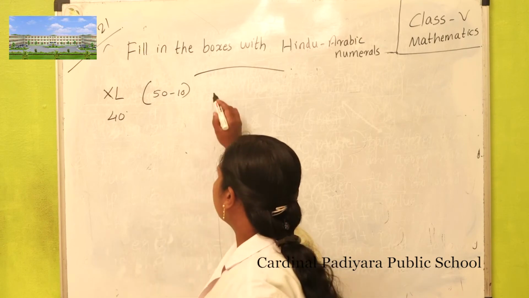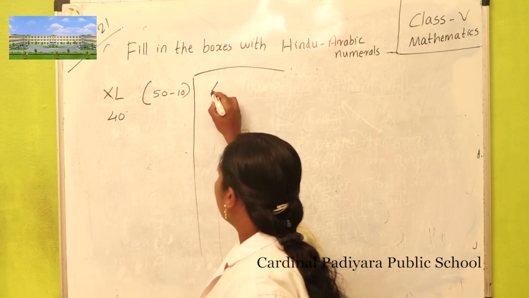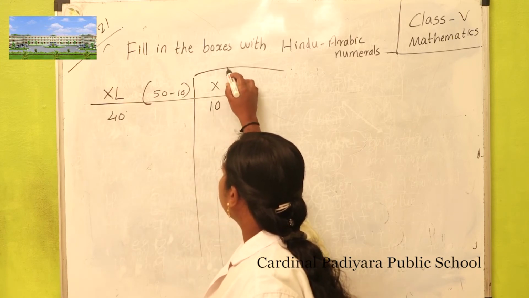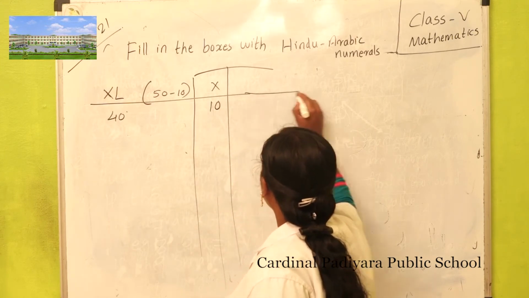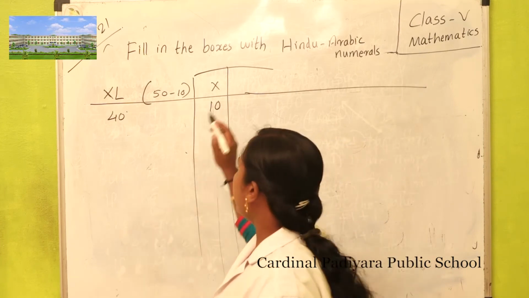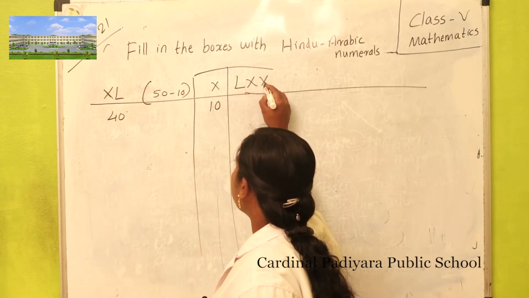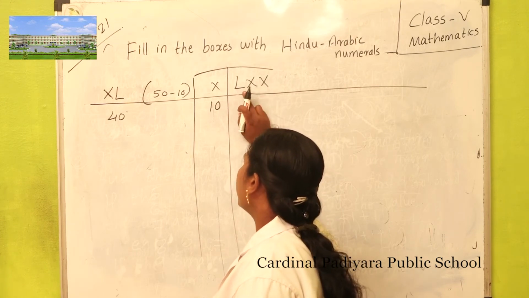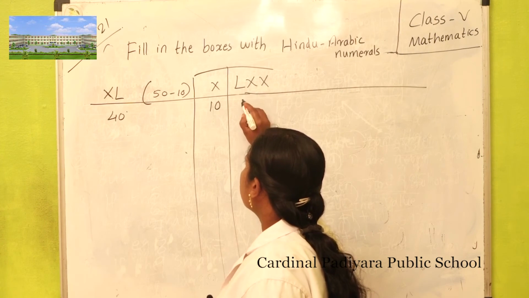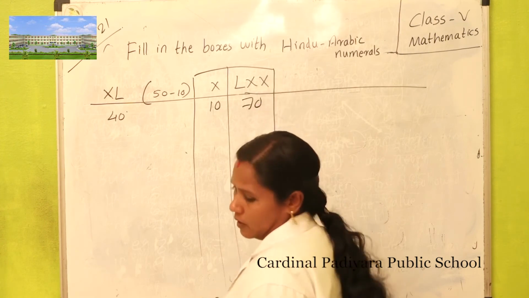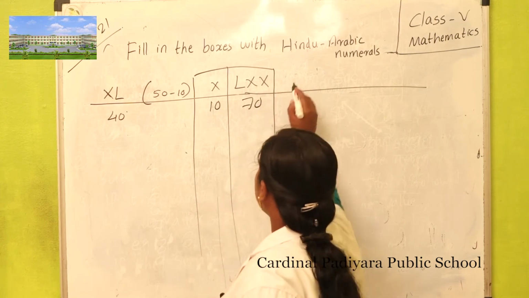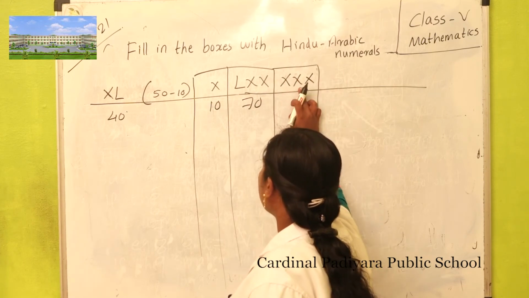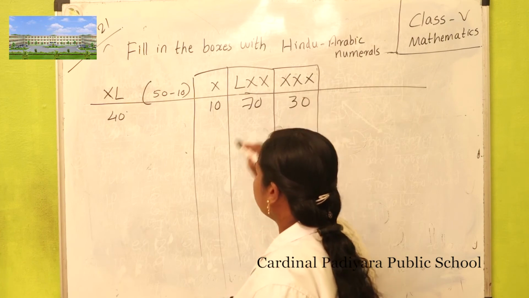Then X means 10. Then LXX. L 50, X 10, again X. Then 50 plus 10, 60 plus 10, 70. Then XXX. That means 10 plus 10 plus 10, 30.